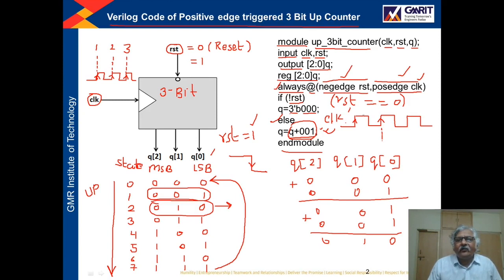RST is equal to 0? Yes, because RST has changed from 1 to 0. Since RST is 0, 000 will be assigned to Q, and from here itself the counter will go to the initial state. In this way this counter will work.